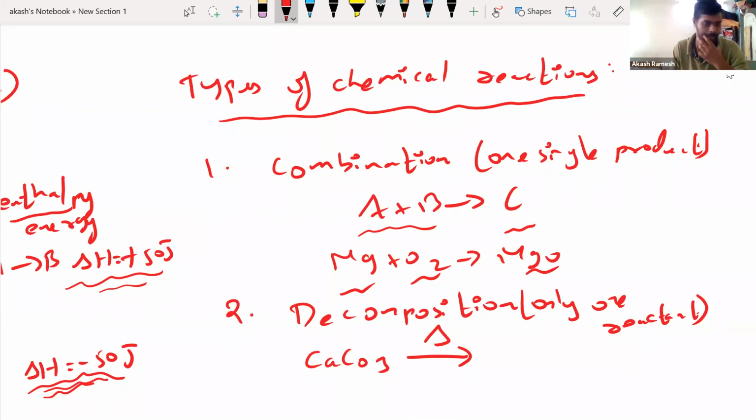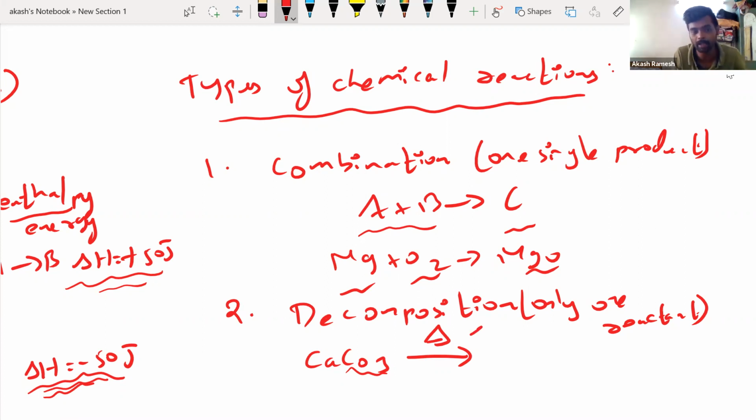This is very important, people. Whenever there's an arrow mark with a triangle symbol above it, that means I am heating this particular mixture or compound. Please remember this. We can call it delta. Whatever it is, this symbol represents that I am heating the mixture. That is how I represent it, delta.